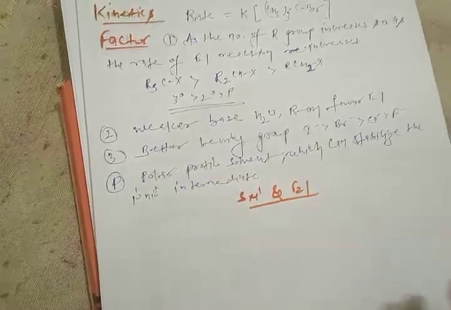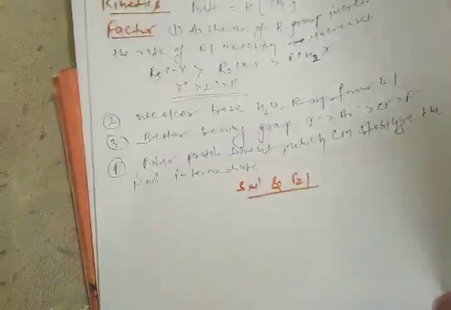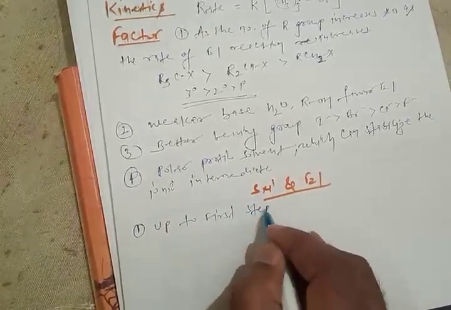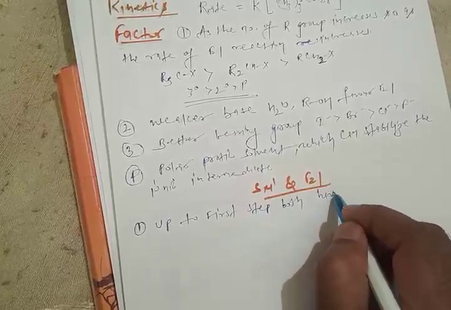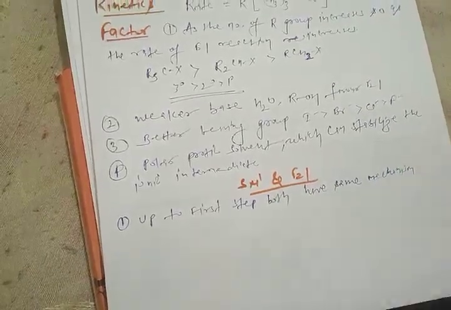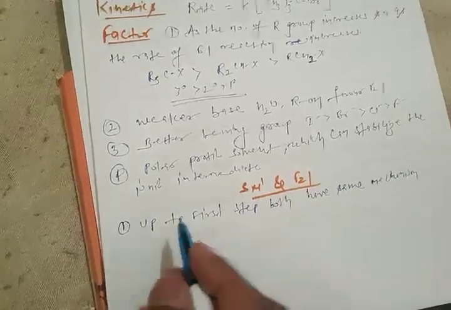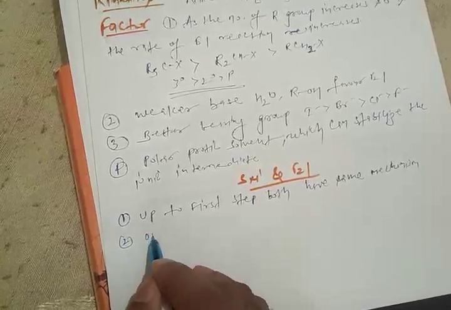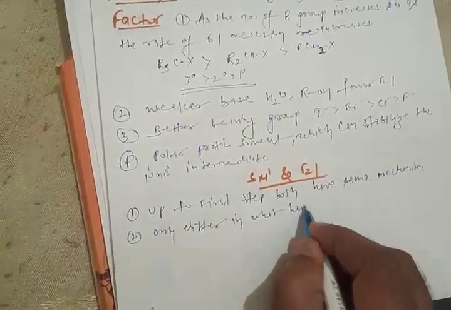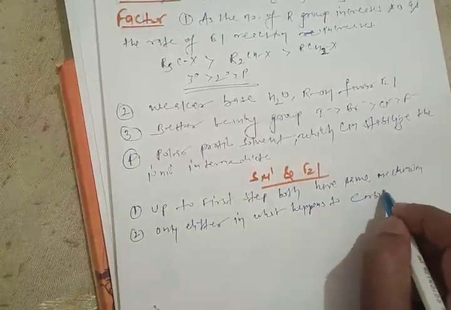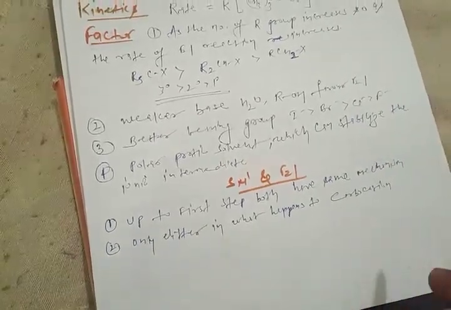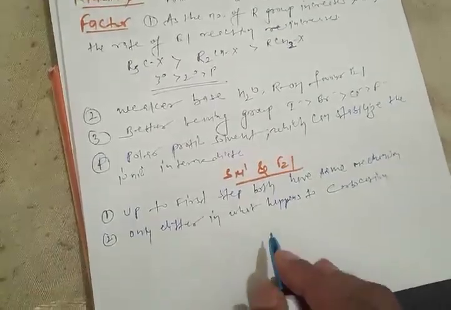SN1 and E1 have exactly the same mechanism up to the first step, that means the formation of the carbocation. They only differ in the second step, that is, in what happens to the carbocation. The formation of the carbocation is similar in SN1 and E1, but what happens with that carbocation is the difference actually.